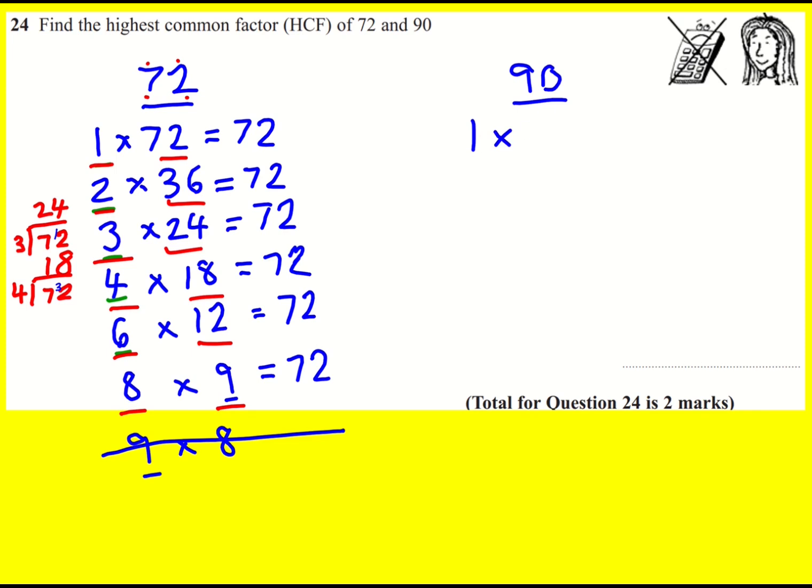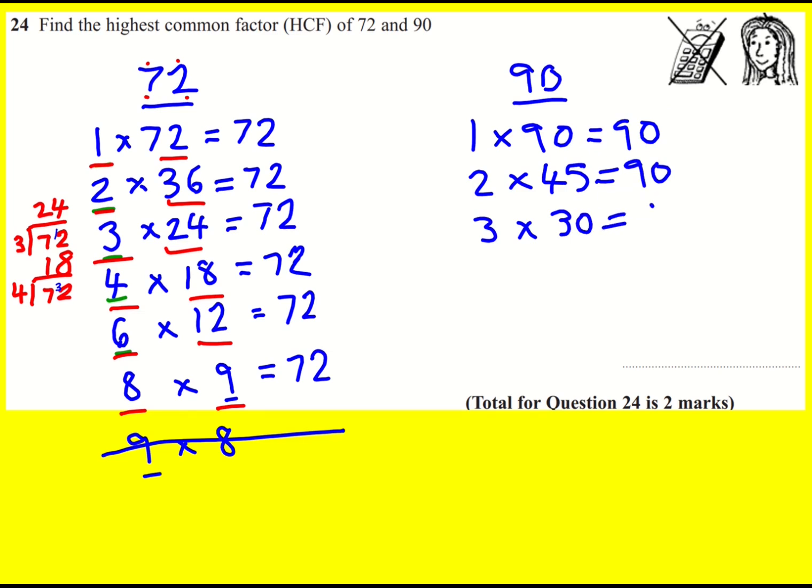So 1 multiplied by 90 is 90. 2 multiplied by, hopefully you can just halve 90 in your head to get 45. 3 goes in, because obviously 3 goes into 9, so 3 lots of 30 give you 90. 4, well, if you don't know, let's just do a little check. Does 4 go into 90? 4's into 9 goes twice, remainder 1.